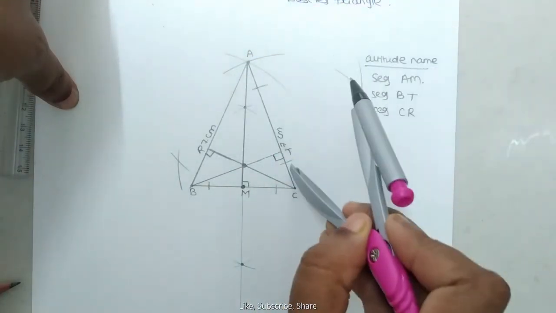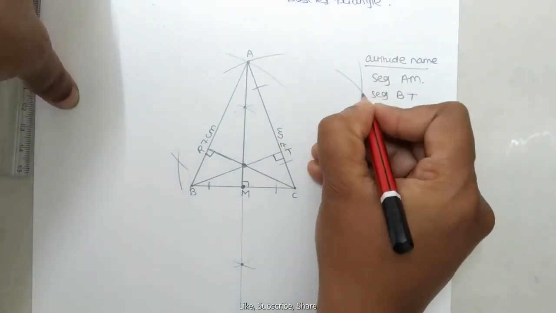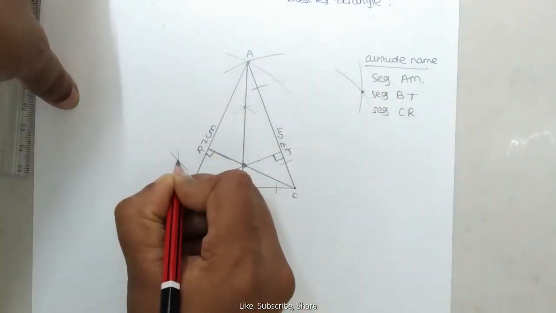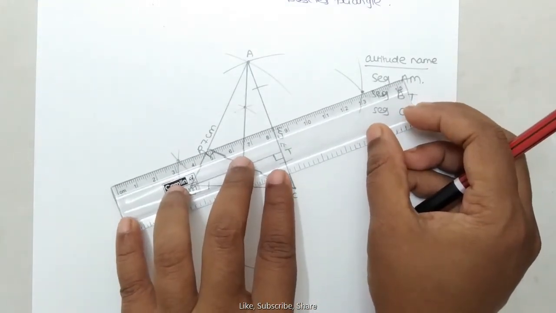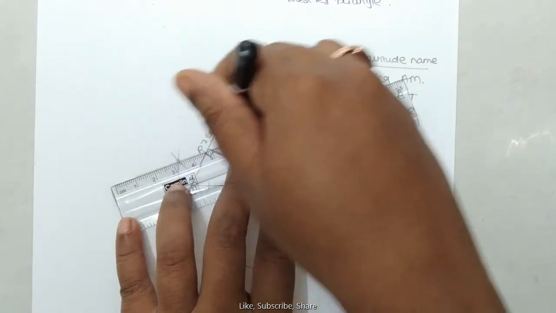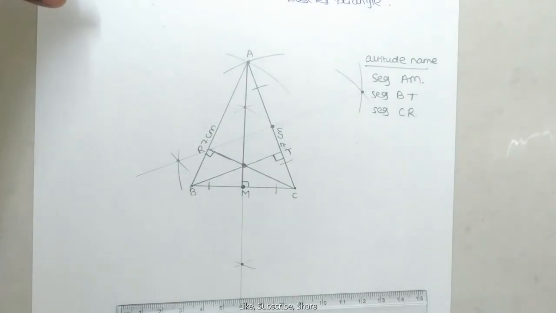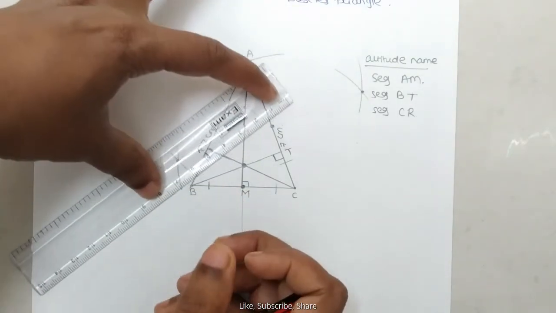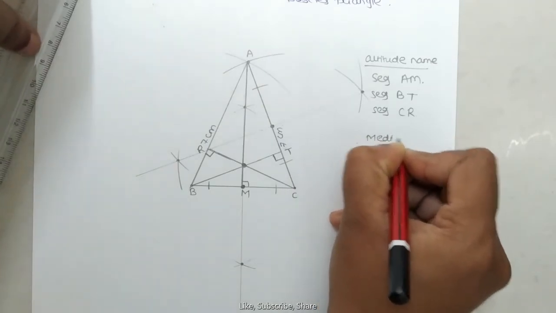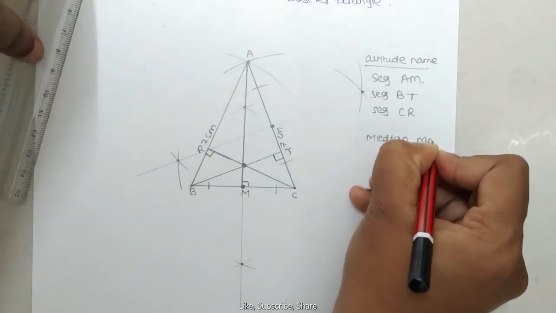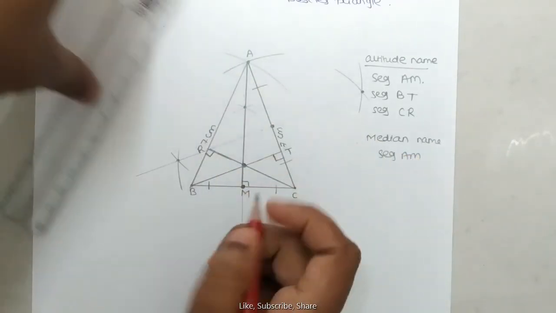We have to increase this arc. Now we get these two joint points and then join them. So this is the midpoint. Now join this one. When we talk about median names, the first name is segment AM. Segment AM you have to draw here.